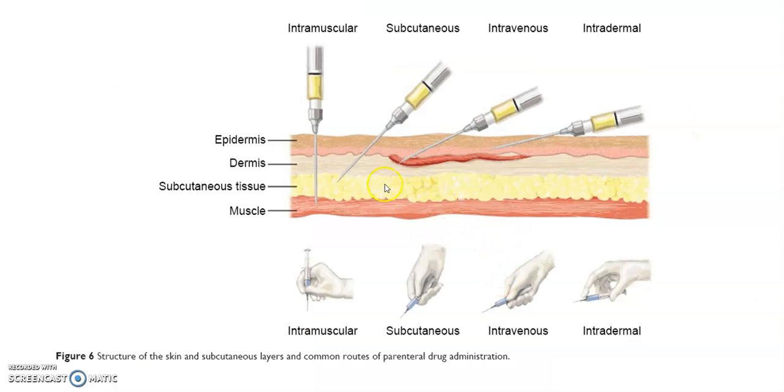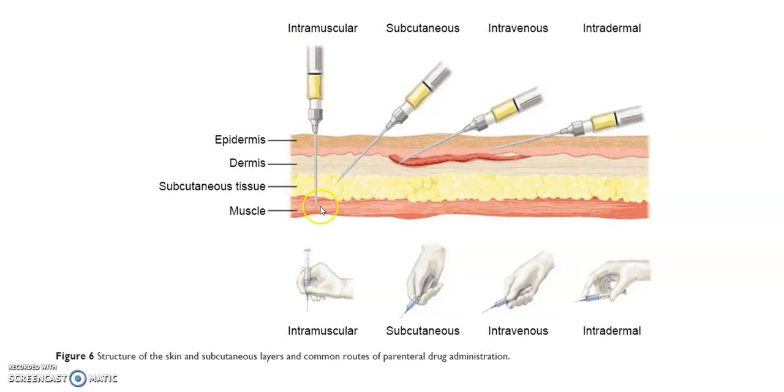And then in terms of injection, the needles can be placed in different parts of your body. It depends on how deep it's penetrating your body. So it could be intramuscular, like a vaccination done on your buttocks. Okay, so that's where your drug is going to be injected.